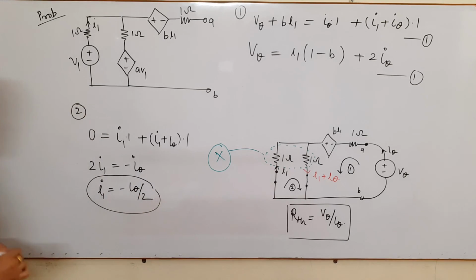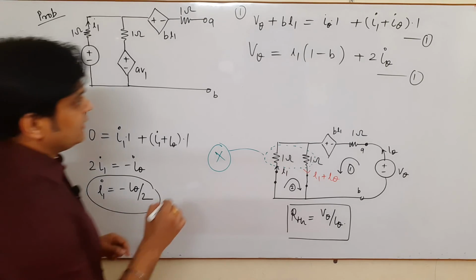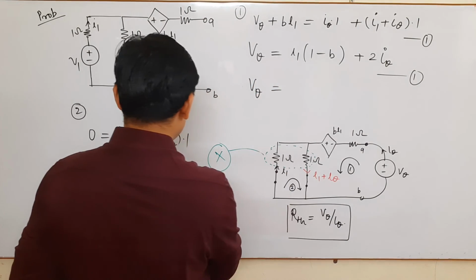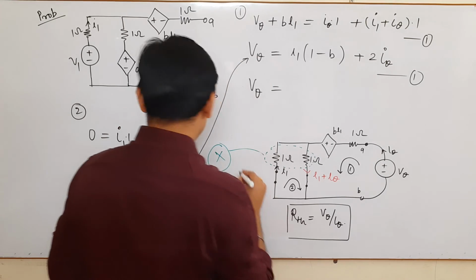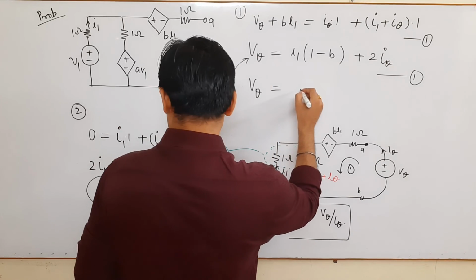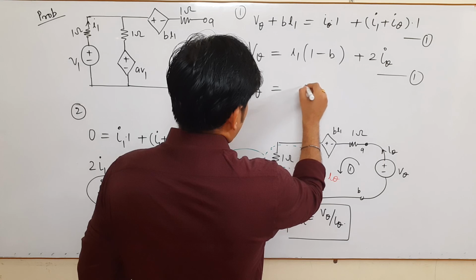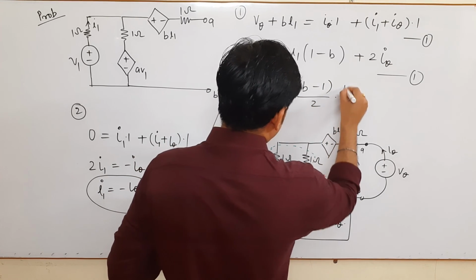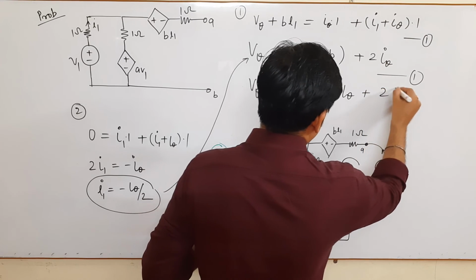This is the value of I1, and simply we will put this value here. So Vθ is equal to the value of I1, I can directly write it as B times minus 1 upon 2 into Iθ plus 2 Iθ.